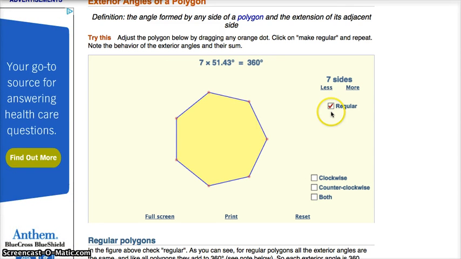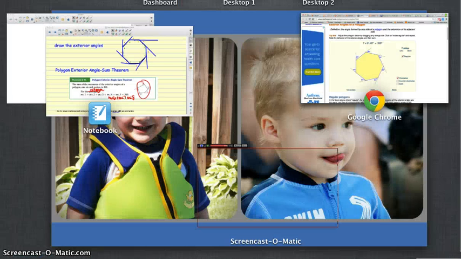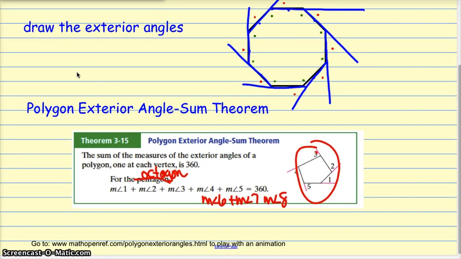So there's a regular 7-sided figure, and there are its angles. If you notice, all the angles are the same, because all the interior angles are the same, and an exterior angle is just creating a linear pair. So if you know what this is, you're creating 180 degrees. If these are all the same, then each extension will also be the same. So you can play around with those 2 animations. They are on the website.